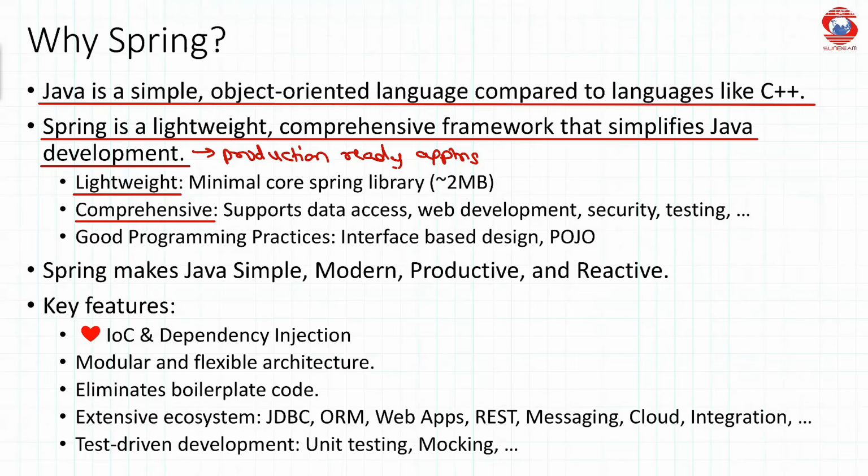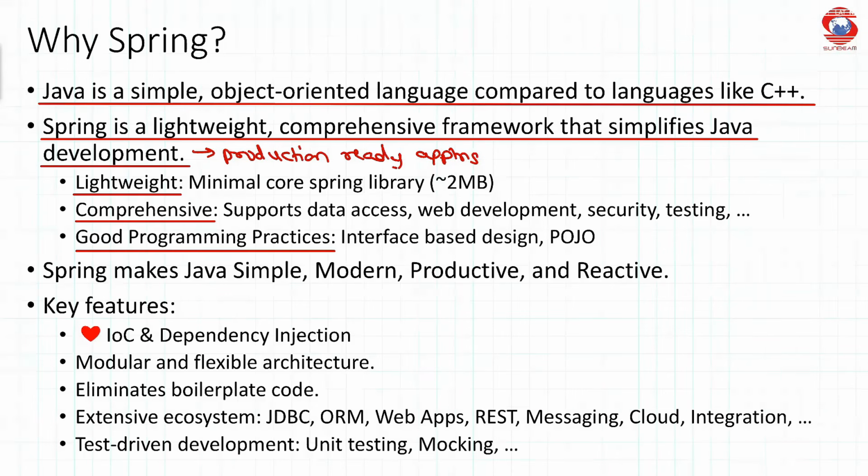Then Spring also recommends good programming practices. If you are learning OOPS concepts, probably you're talking about SOLID programming concepts. People always keep talking about how we should follow proper object-oriented analysis and design. We should follow SOLID principles, or we should use design patterns. All these things people learn when they learn about Java, but not always are people using them effectively.